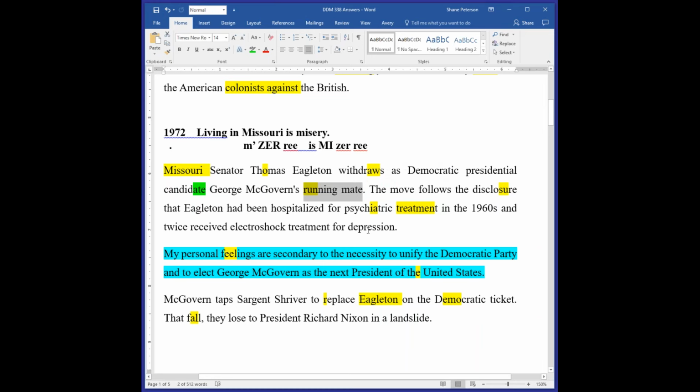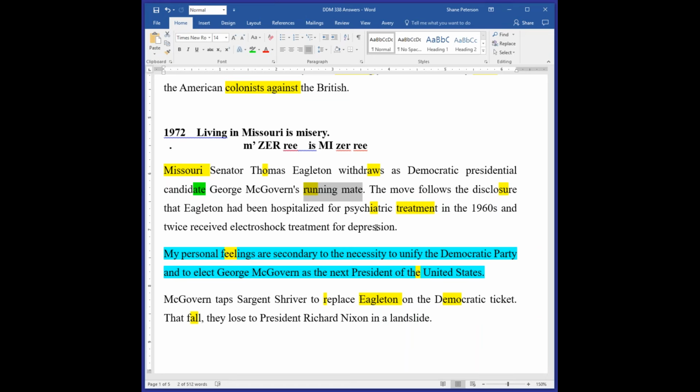In Korea, do presidents have a running mate? No. In America, they do. What about everybody else? In your country, does your president or leader have a running mate? Yes or no? No one. Only America.